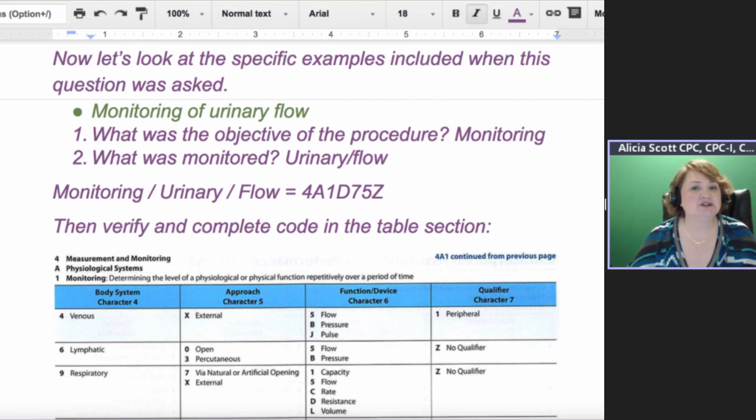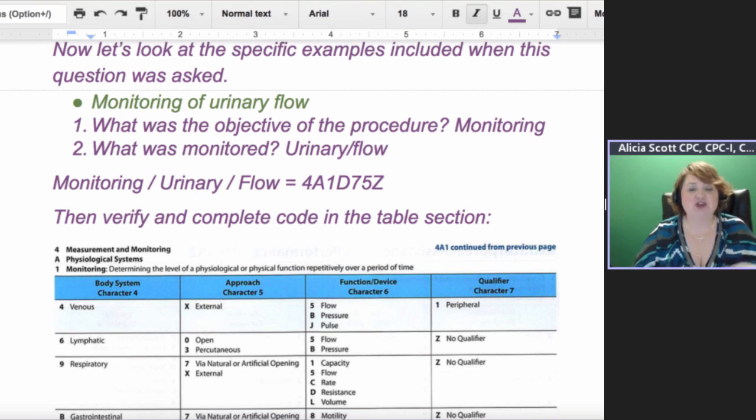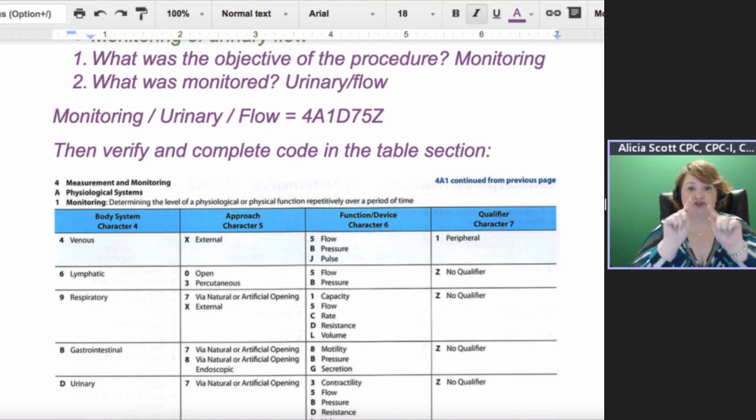So if we're monitoring urinary flow, what is the objective of the procedure? We're monitoring. We're going to look again and again and again repetitively. And what body system are we working with? It's the urinary system and flow. So you look up monitoring, urinary, and flow. That gives you the blocks.